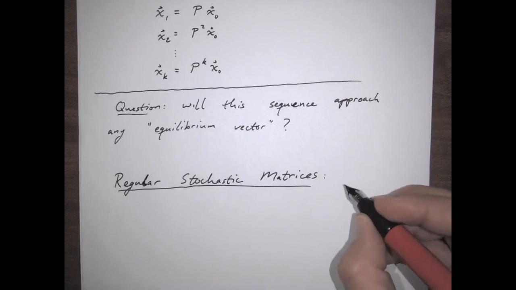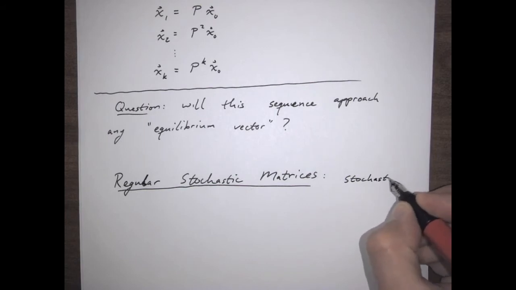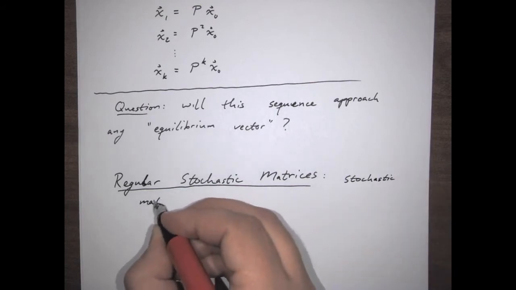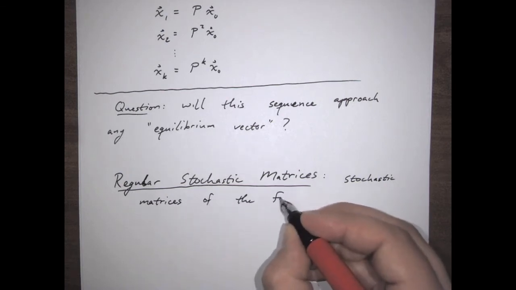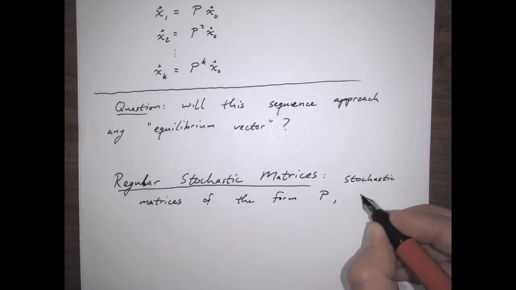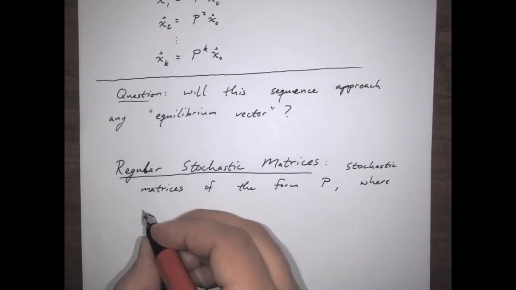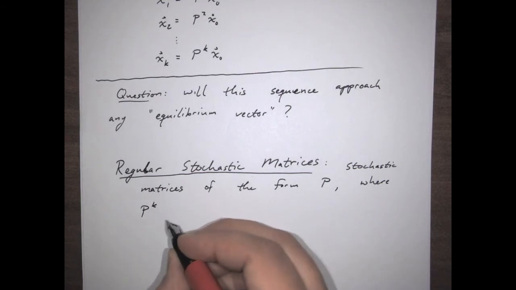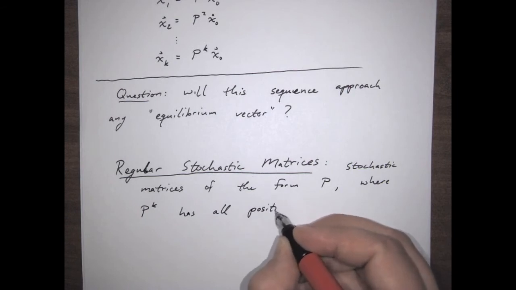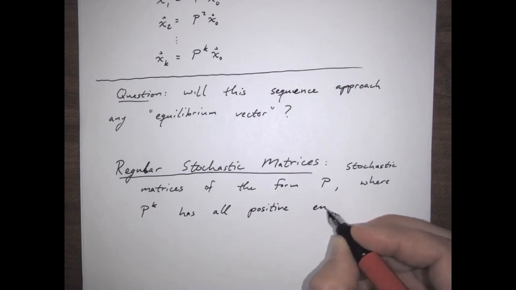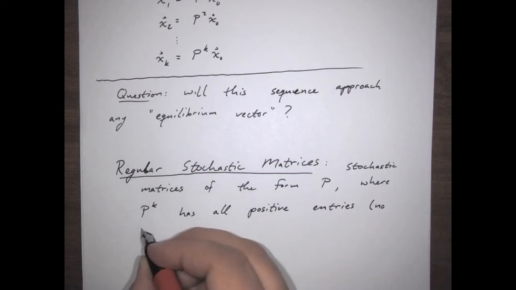So what these are, these are stochastic matrices of the form P where P to the K has all positive entries, in other words, no zeros.